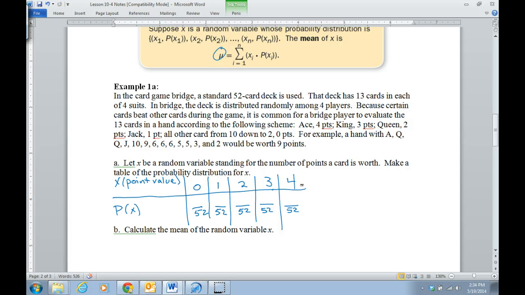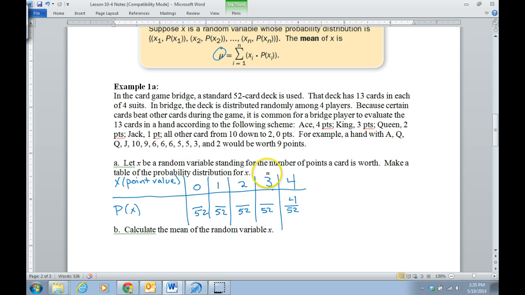Now, how many aces do we have in a deck? 4. So you have 4 out of 52 chances for that. How many kings do we have in a deck? 4. I have a question. Yes. Would the 1, 2, 3, and 4 all be 4, and then 0 would be all the rest of it, the numbers 2 through 10 in a deck? Yep.